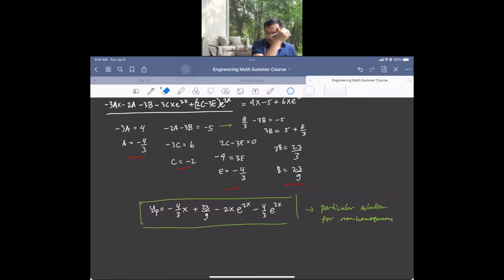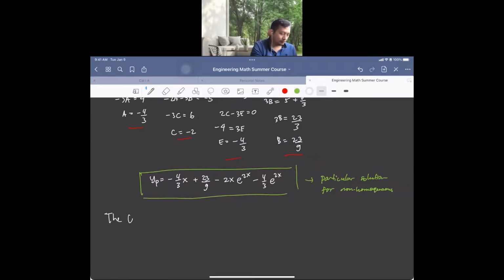The general solution then is yc plus yp, right?